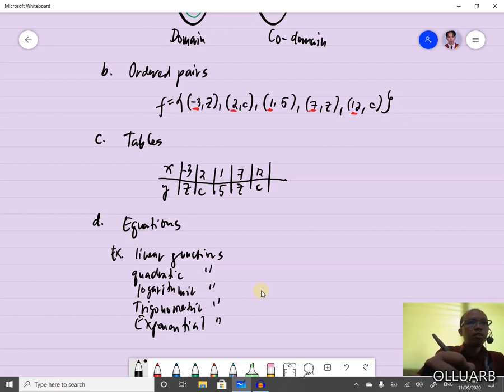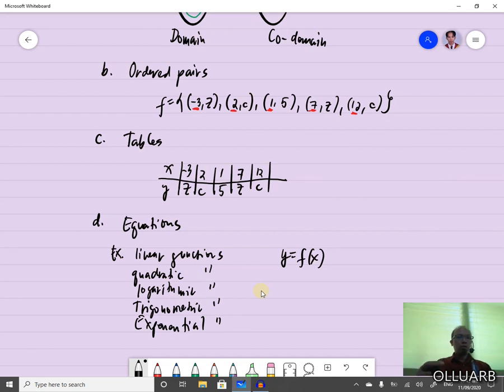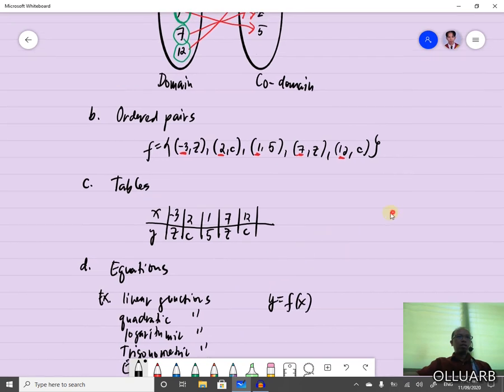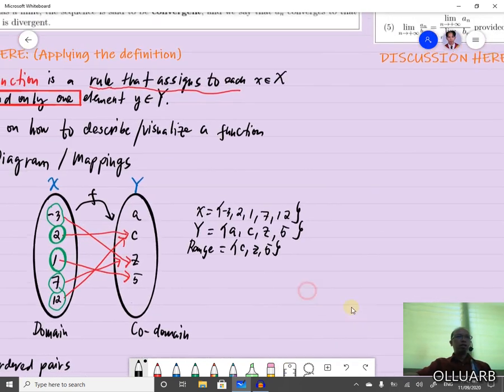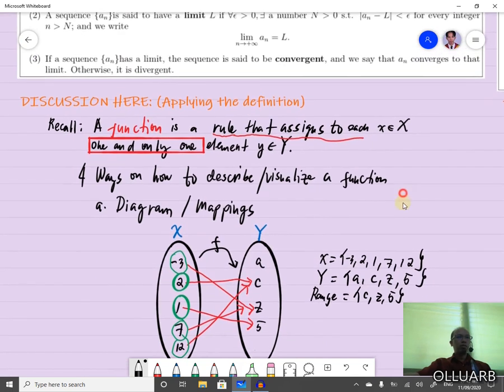Okay, so this is described by this notation: y is equal to f of x. And if you remember the vertical line test, the horizontal line test, the vertical line test, if you want to determine if the given equation is a function or not, of course you have a graph. So as you can see here, I've already discussed to you what it means to be a function.